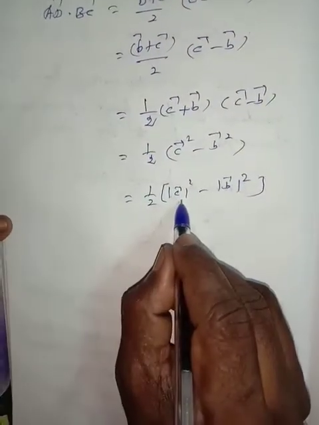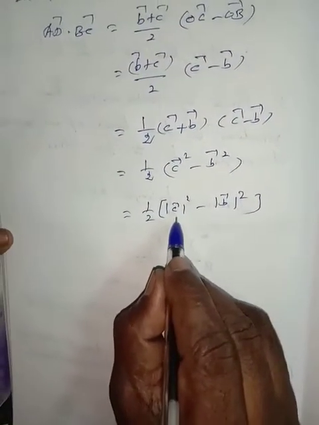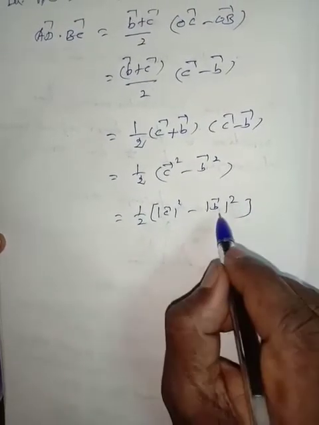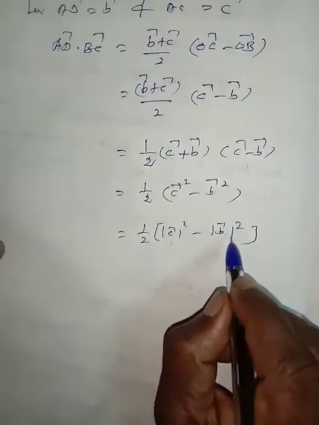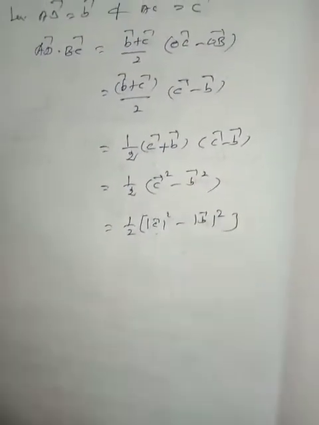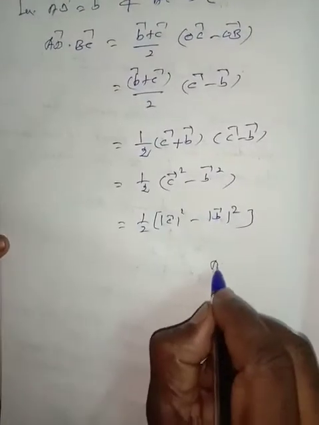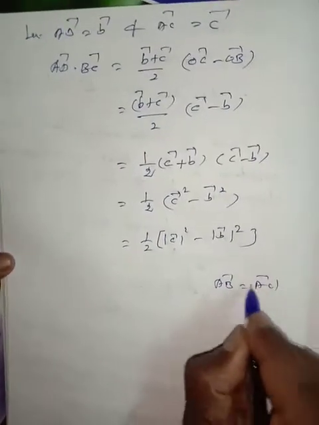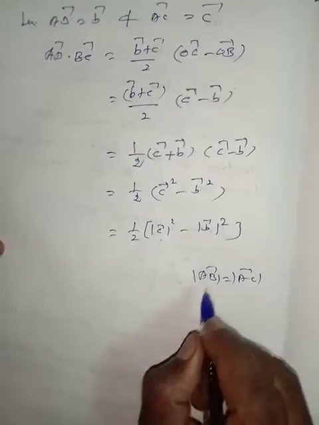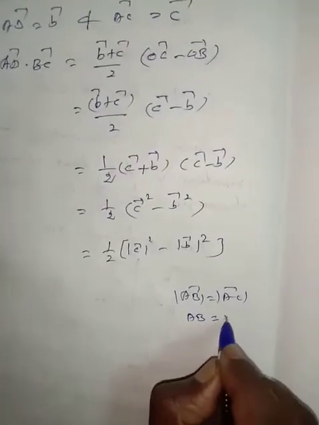Now magnitude of C vector means AC length only. Magnitude of B vector means AB length only. Therefore these two lengths are equal, so AB is equal to AC.